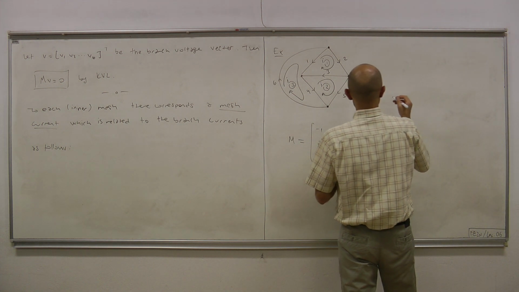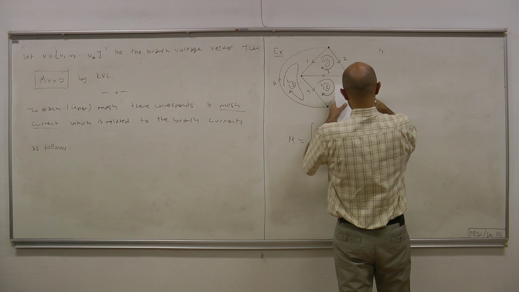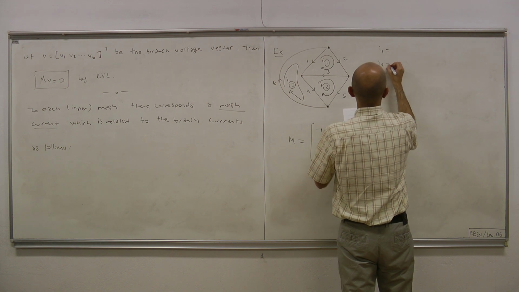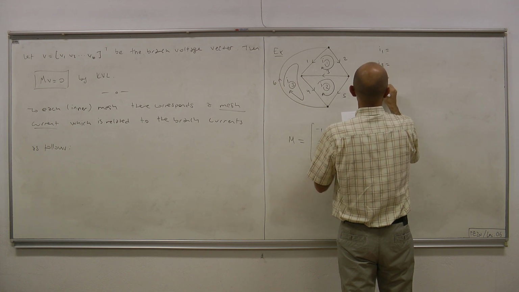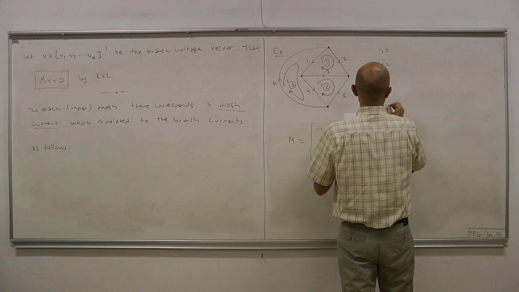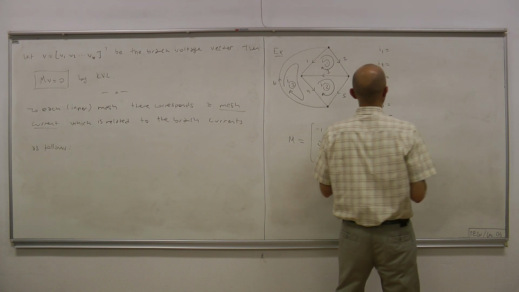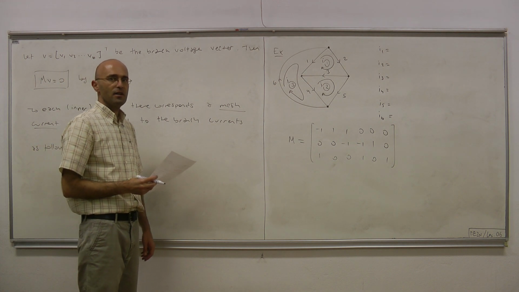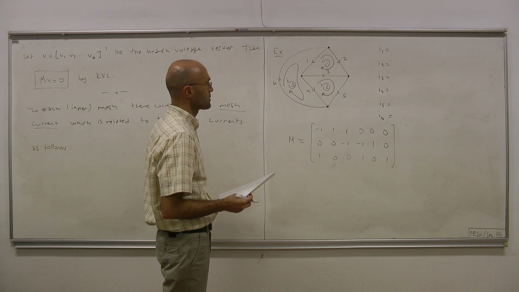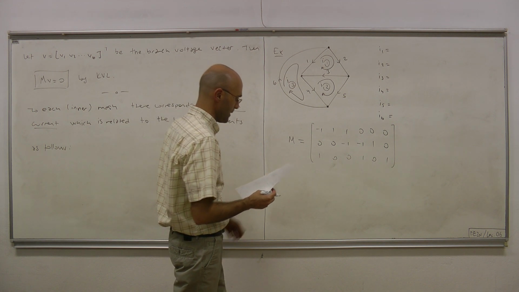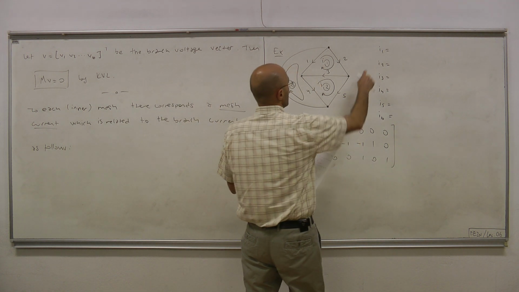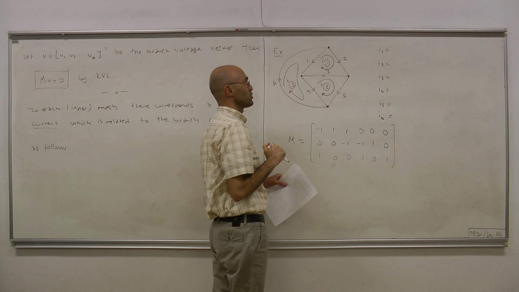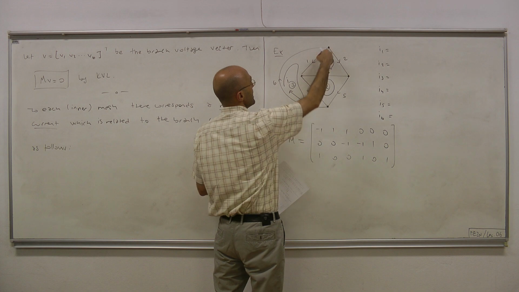We have I1 equals something, I2 equals something, I3 equals something, I4, I5, and I6. Now each branch current we will define in terms of mesh currents. Here we have branch 1, and this is our branch current corresponding to that branch.